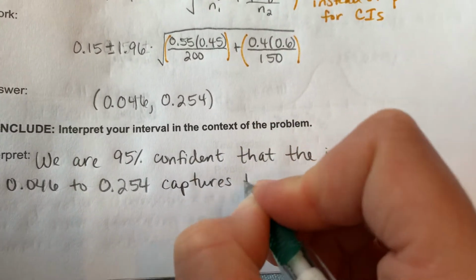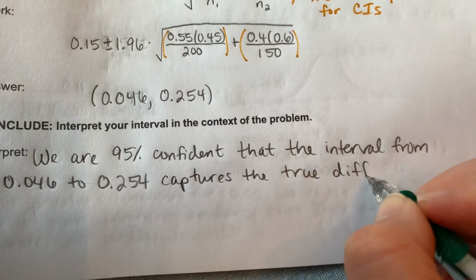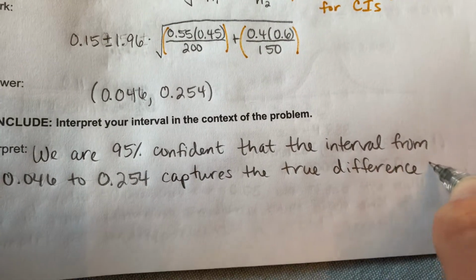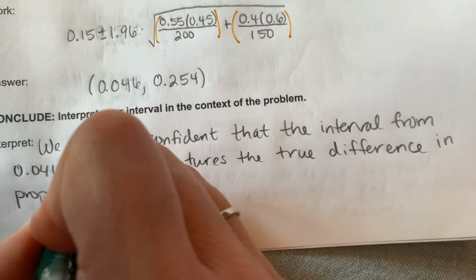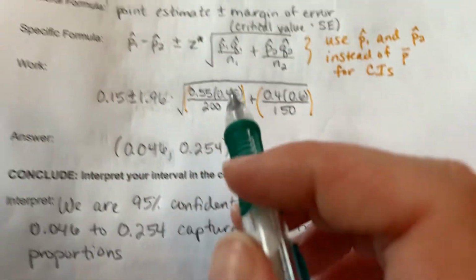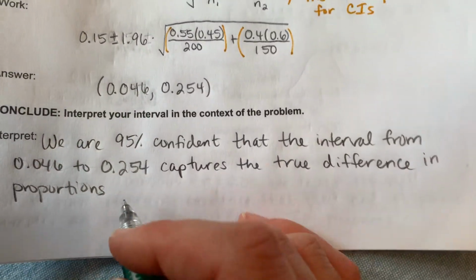Captures the true, remember our parameter is the true difference in proportions. Instead of writing the females minus males part that I wrote up here, I'm going to go ahead and put what the populations are.